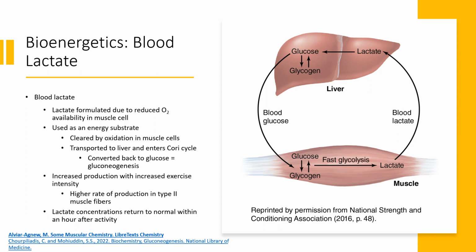Now, gluconeogenesis is a metabolic pathway that results in the generation of glucose from certain non-carbohydrate carbon substrates. For gluconeogenesis to occur, the ADP to ATP ratio must be very low, since gluconeogenesis is an energy-demanding process, requiring high energy molecules to be spent in several steps.